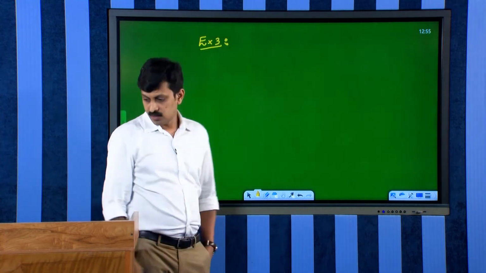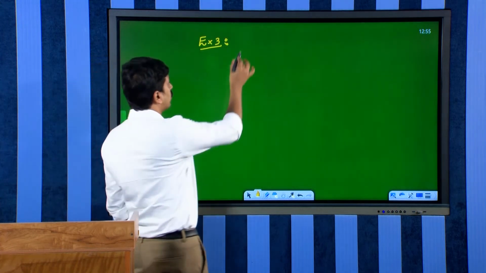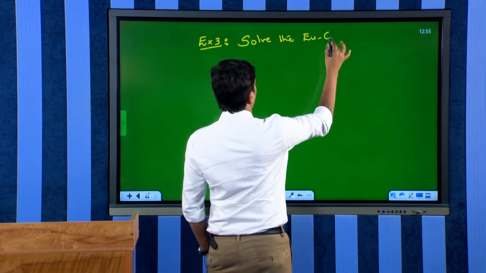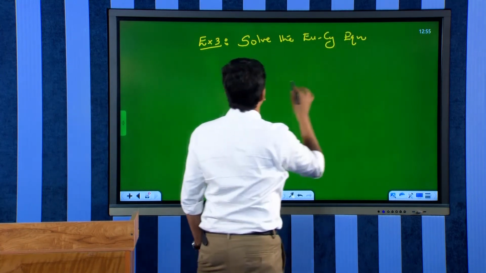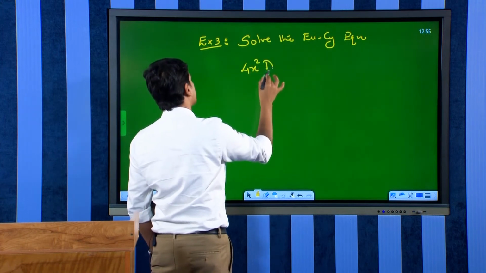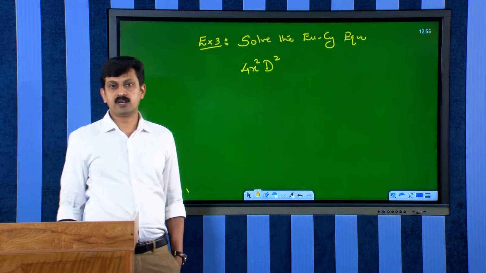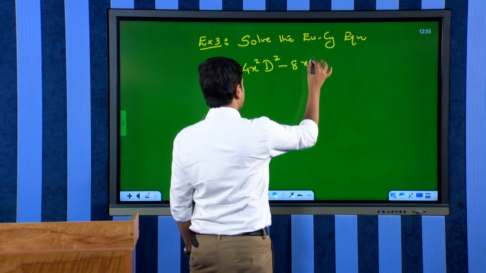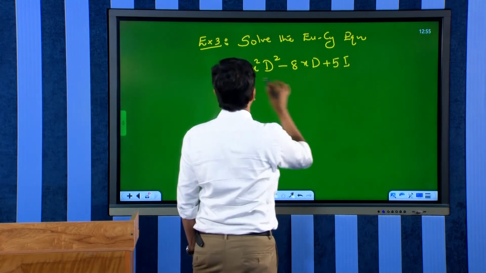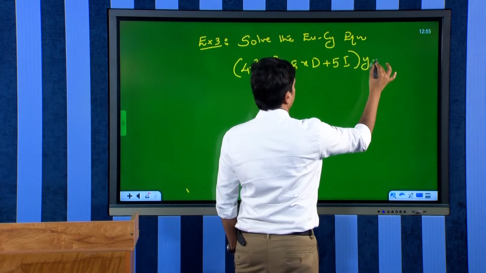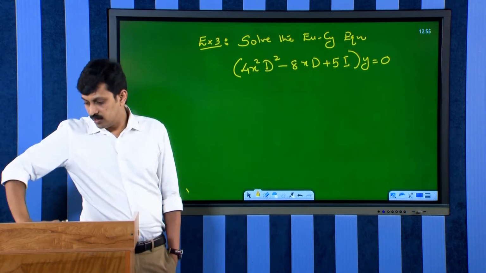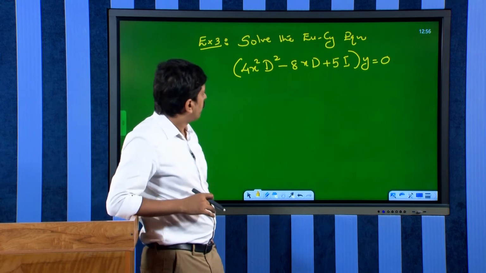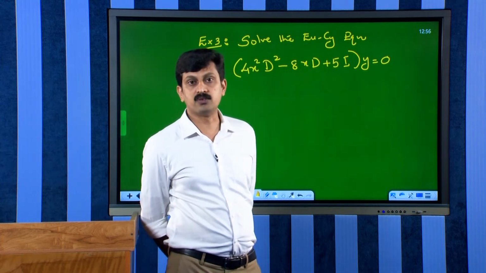In example 3, write down the question: solve the Euler-Cauchy differential equation 4x square d square minus 8 x d plus 5 into y is equal to 0.